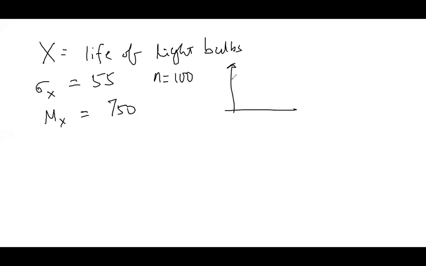So the lifetime will probably be something like this. Most of the bulbs will be around the mu, 750. Then some of them will be exceptional, but some of them will be a bit less. So the distribution of the life will be something like this.